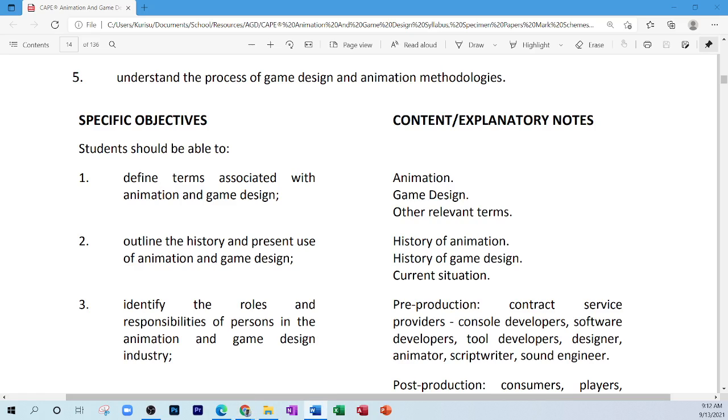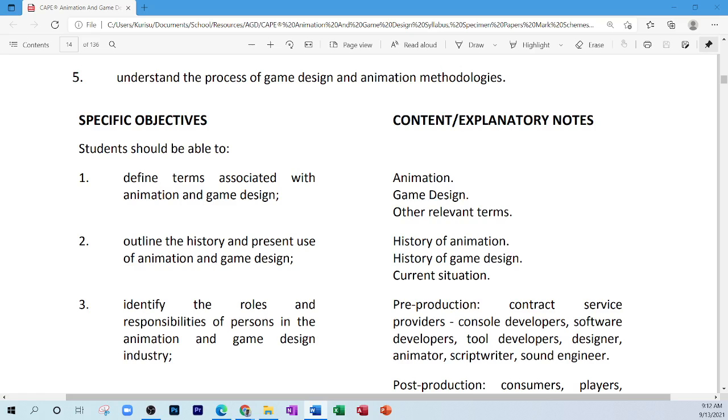Process of making or developing video-like things, something like that. Alright. The process of developing a video using pictures and so on.